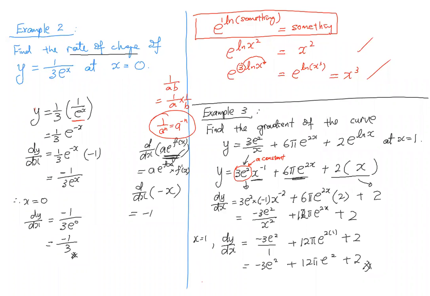If the power of e is non-variable, that means it's a constant. No more question? Okay, so we learn two simple rules. One more question: if y equals e to the power 5, that is a constant and becomes 0, right?